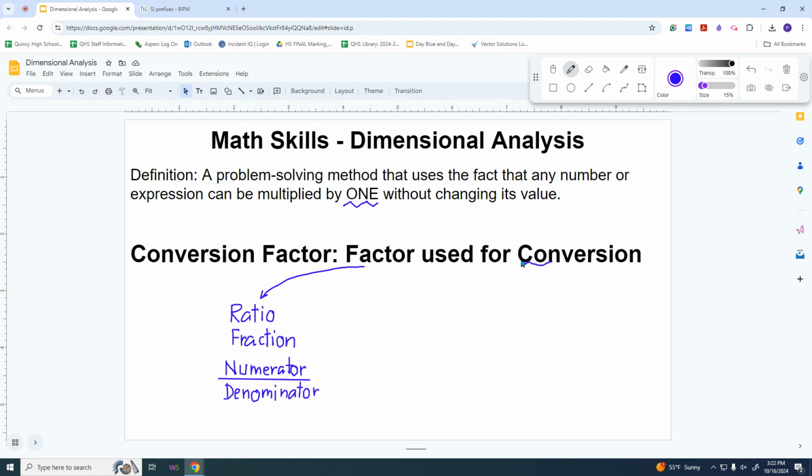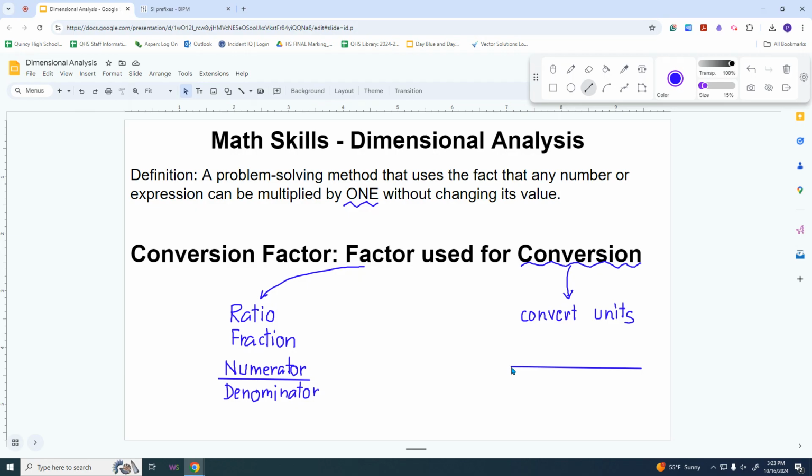Okay, so it's going to convert from one unit. Conversion will convert units. Okay, convert from what to what?